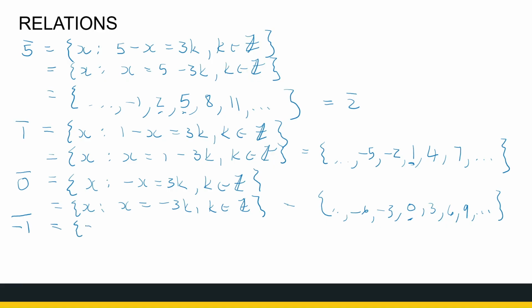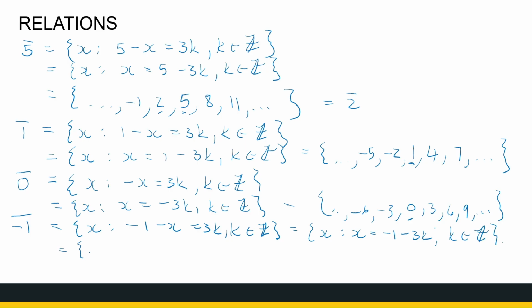So the equivalence class of minus 1 is all the X's, given minus 1 minus X is equal to 3K, where K is an integer. So that is all the X's where X is equal to minus 1 minus 3K, where K is an integer. It's always important to say where K comes from.